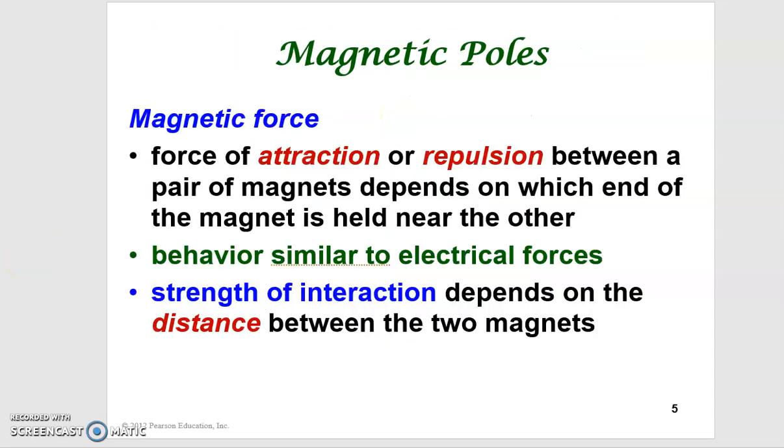So here we see there's a force. If you have a force, how do we understand that? Apparently we see there are two different kinds of force, attraction and repulsion. And it always involves pairs of magnets. So you can see that until now the behavior is very similar to the electric force.